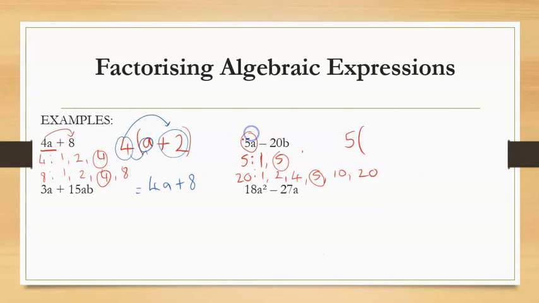Now we look at this bit. 5 multiplied by what will give you 5a? Well, that will be a. And then 5 multiplied by what will give you 20? Well, 5 multiplied by 4 will give you 20. Then you need to look at the fact that this 5 is a positive, and this subtract sign means the 20 is a negative.